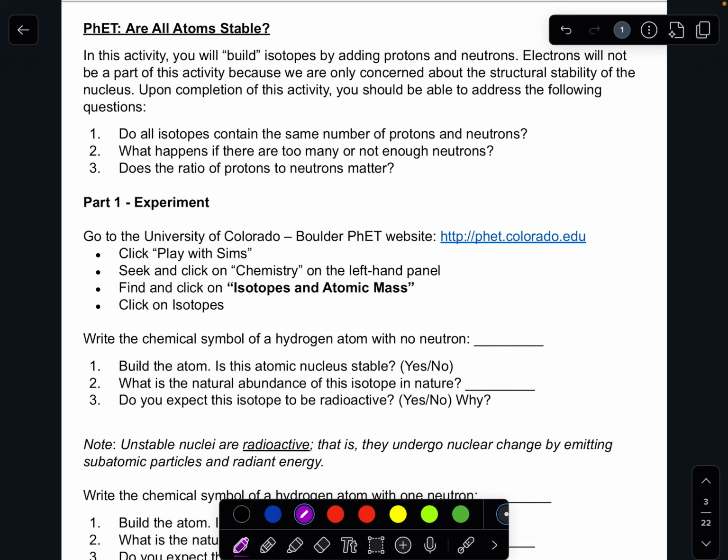Go to PhET lab. You can just type this in, or just type PhET in Google and go to simulations, and search for isotopes. Okay, you have to select chemistry first, then Isotopes and Atomic Mass, and select on what? Isotopes.